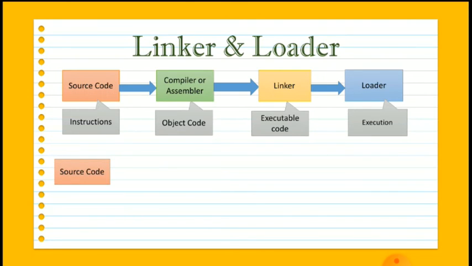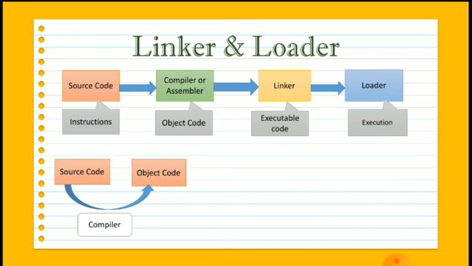So in C programming language, first source code is created. Then that source code will be transferred to the compiler. Then compiler will create the object code. Then that object code will be transferred to the linker.